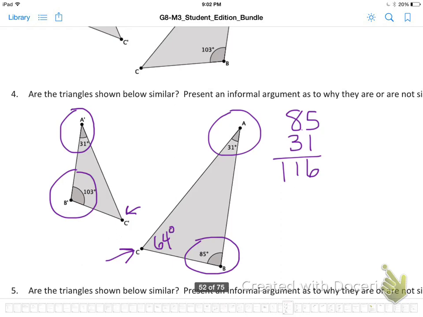So I would not have three angles matching up. And in the case of the other triangle, I'd have 103 plus 31 is 144. And so angle C over there would have to be 36 degrees. So I don't have a situation where I have two triangles with two pairs of congruent angles. I only have one in this case. So these are not similar.